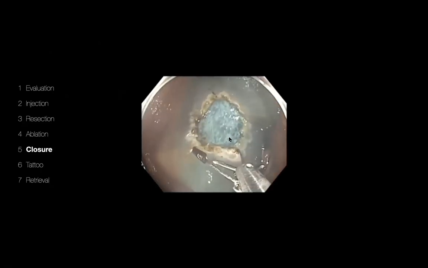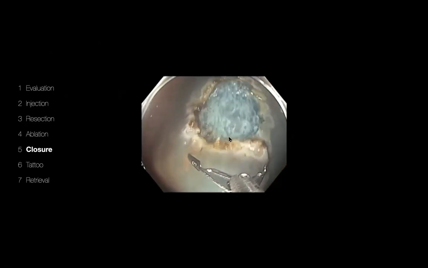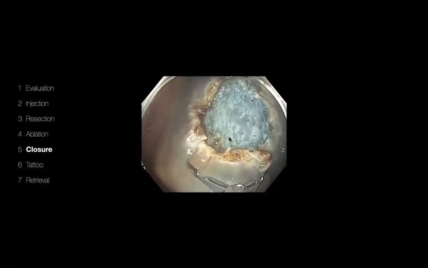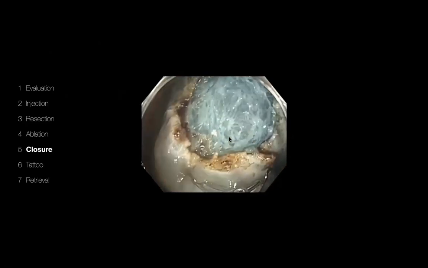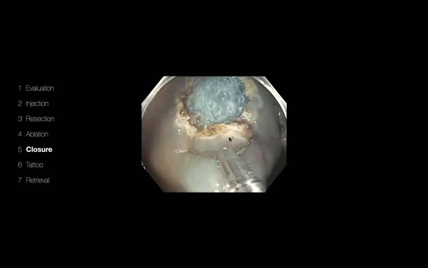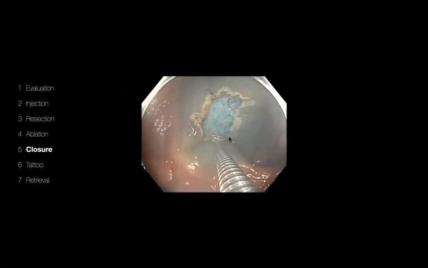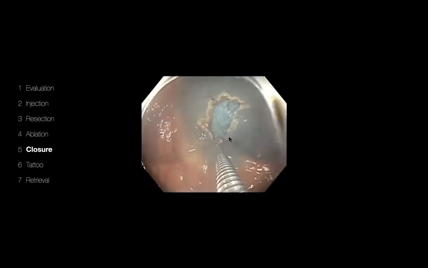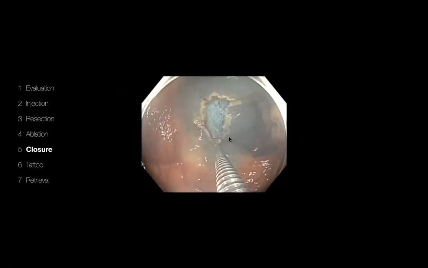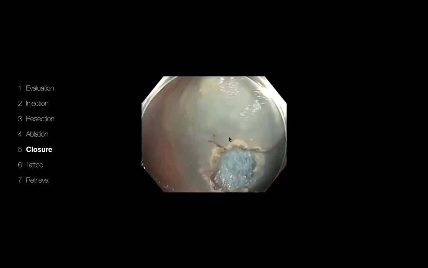So I want to share with you some of the stuff in terms of how you close a defect. It's a good idea to close the defect. Probably put the first clip at the edge so that you evert the edges, and that makes it a little bit easier.